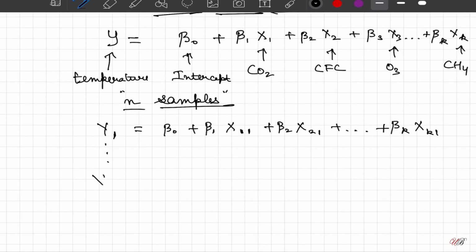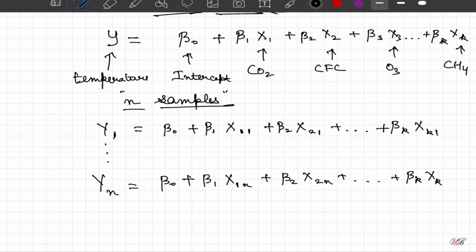So similarly you can write for the nth sample, this would be equal to beta naught plus beta 1 times the value of x1 on day n plus beta 2 times x2 on day n and beta k times xk on day n.